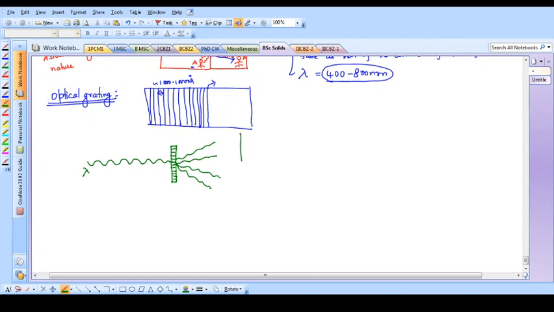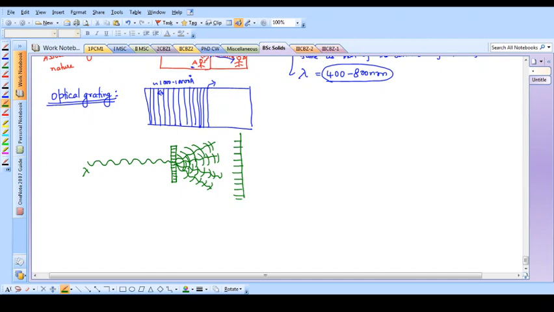Now if there is a screen, all these wave packets will interfere with each other. So there are two phenomena taking place here. One is bending of light, which is diffraction, and the diffracted lights will interfere with each other and form a series of bright and dark spots, which is called the diffraction pattern.